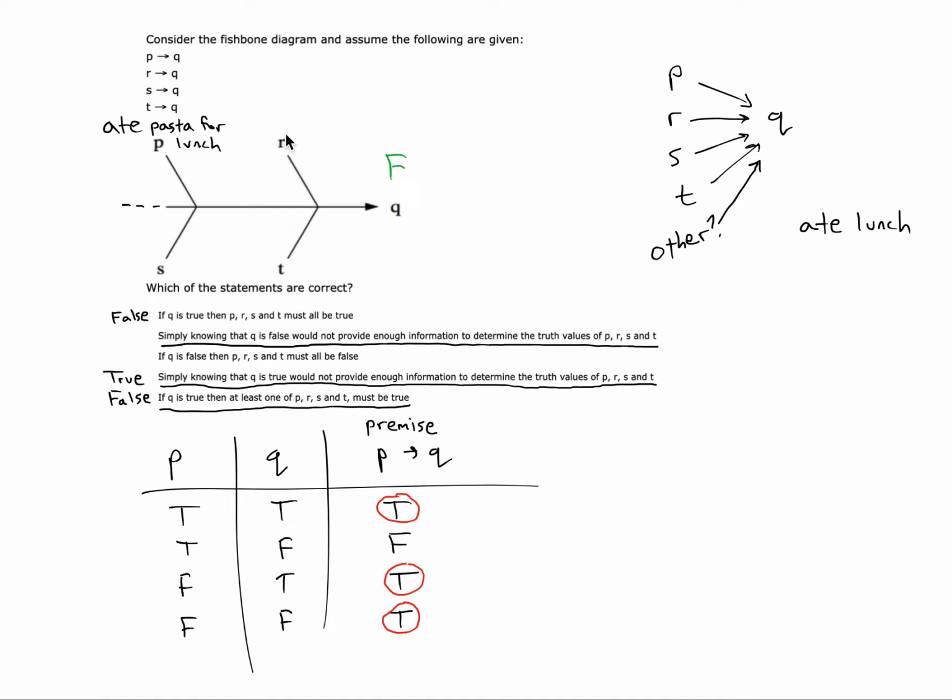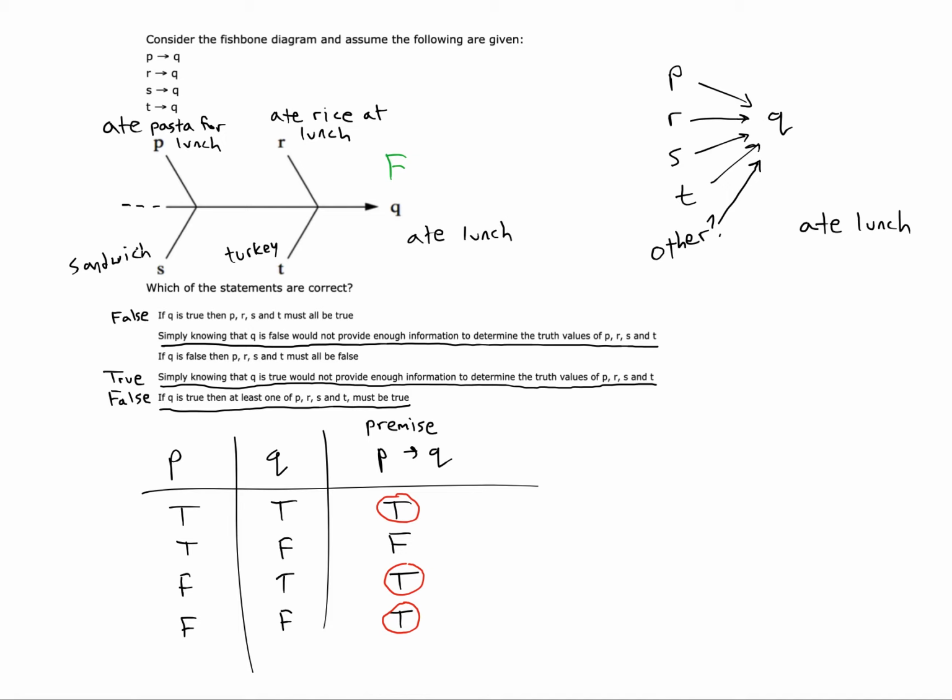And R could represent you ate rice. S could be you had a sandwich. And T could be turkey. So eating any of these things causes Q to be true because then you would have eaten lunch.